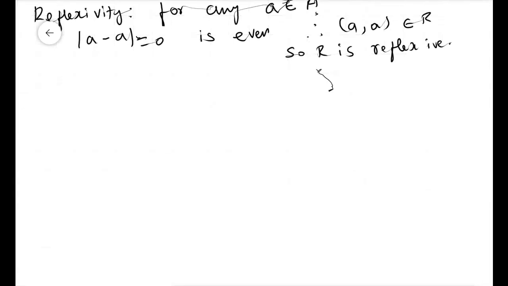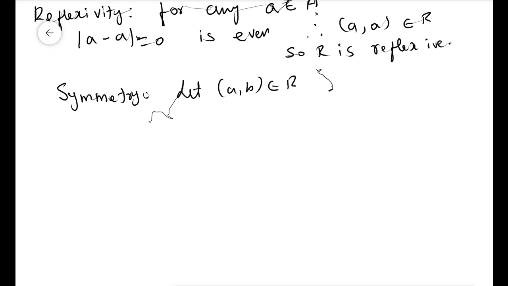Next, let's check for symmetry. Let (a, b) belong to R such that modulus of a minus b is even.